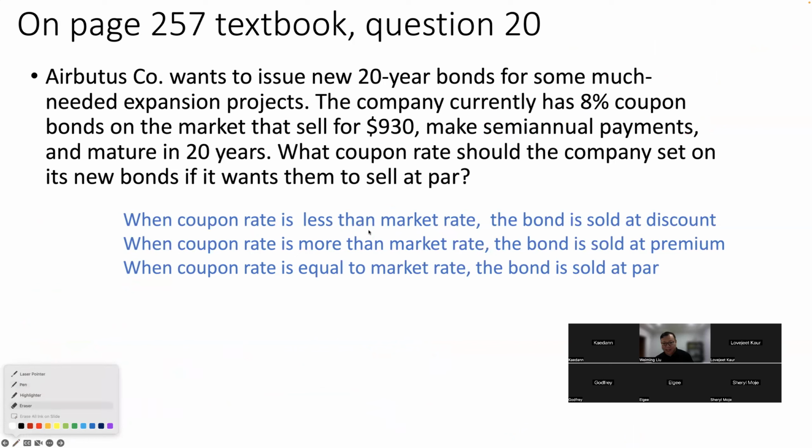When coupon rate is less than market rate, the bond is sold at a discount. When coupon rate is more than market rate, the bond is sold at a premium. And when coupon rate is equal to market rate, the bond is sold at par.